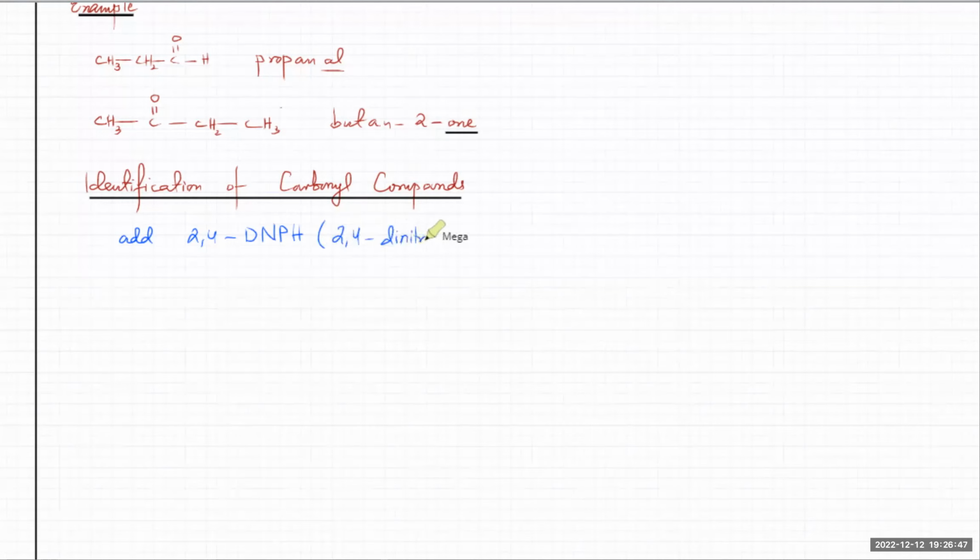So it's dinitrophenyl hydrazine, and the formula of this thing is NH2, then there's an NH, C6H4, and then NO2 twice.